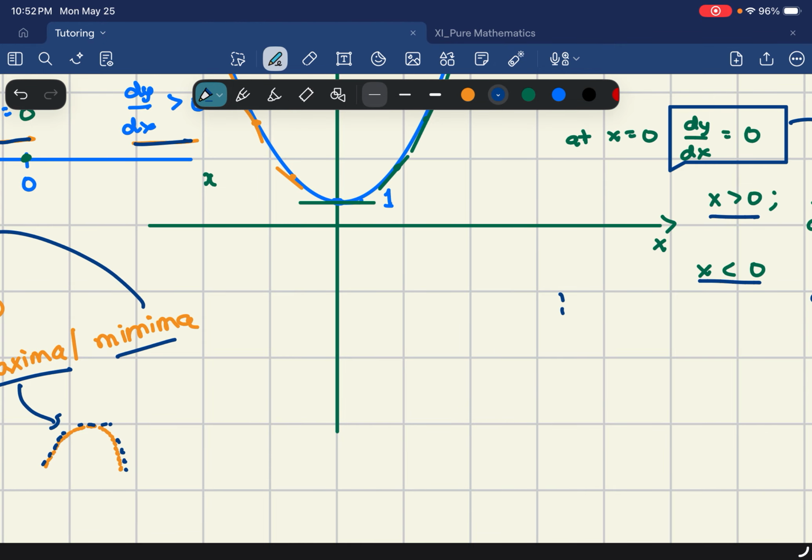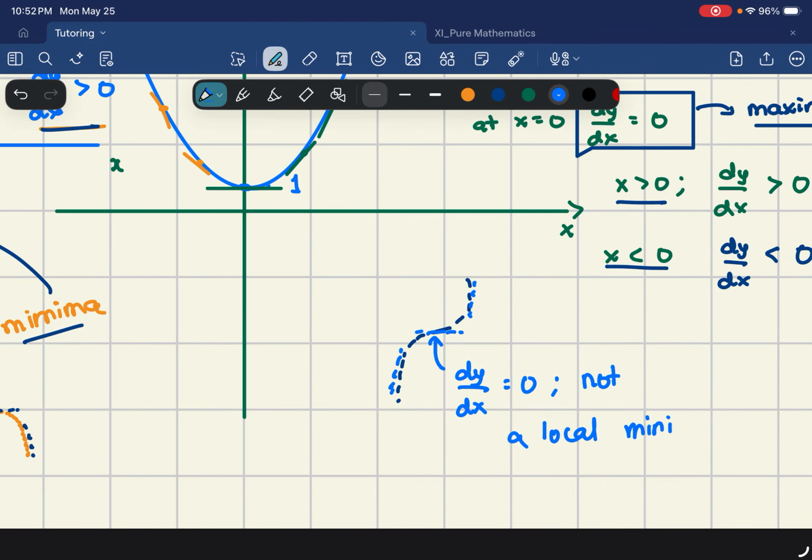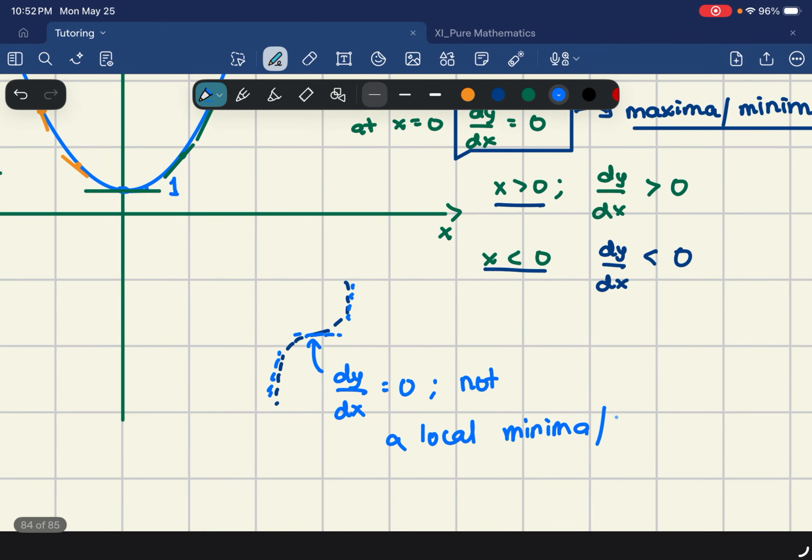You could have something like this. In this case, your gradient is positive, it becomes 0 at some point, and then it continues to be positive. So at this point, dy by dx is 0, but it is not a local minima or maxima.